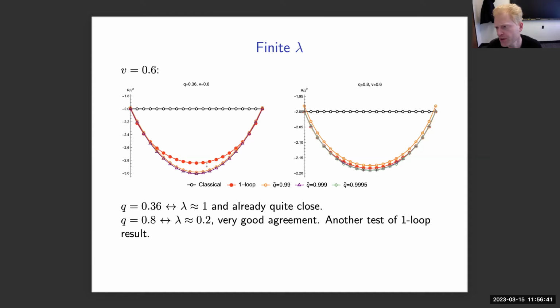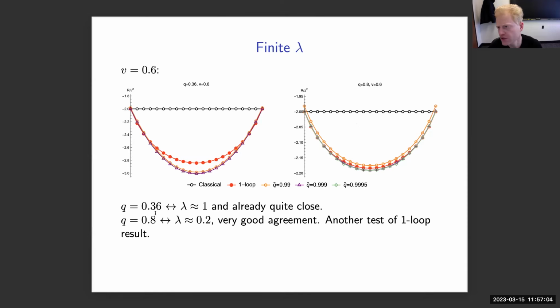Okay, so we are going to compare three things. The leading order is obvious, but we're going to compare the one loop, the red curve, to the limit of the numerical evaluations. Both plots correspond to v equals 0.6, so it's just some finite temperature. The two plots are for different values of q or lambda.